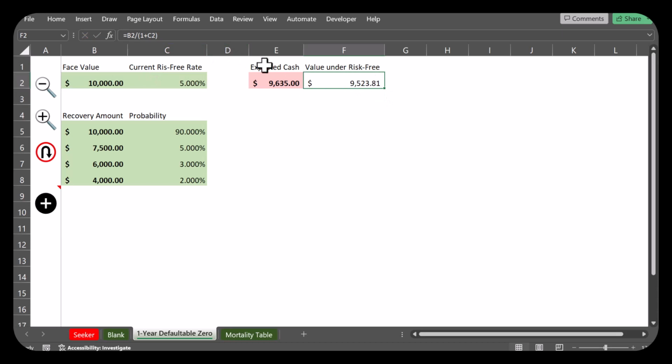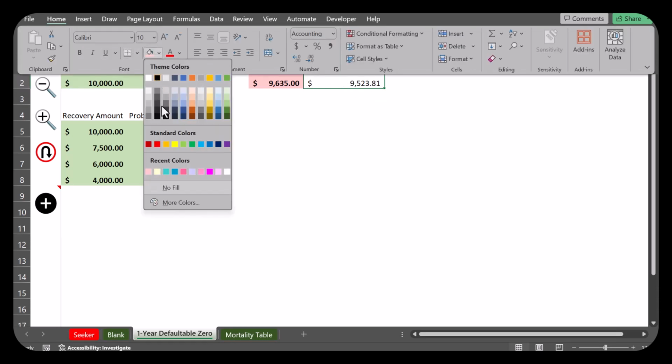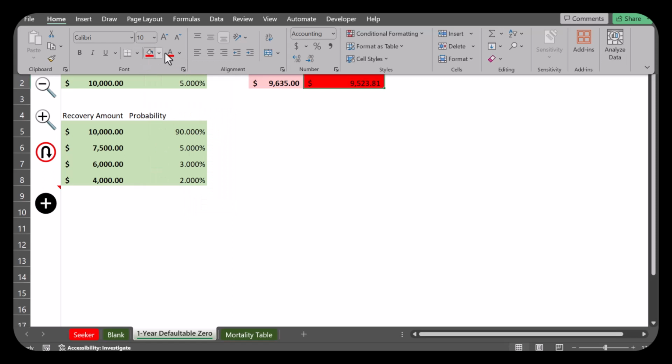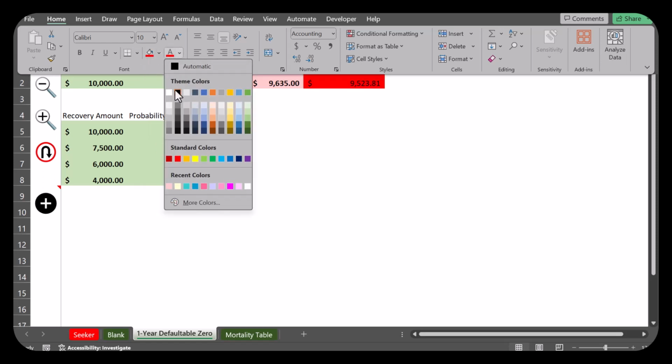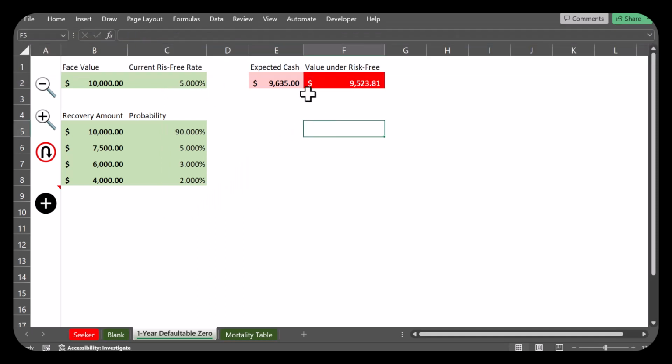Remember, I'm doing this for 1 year only, just for illustrative points. So if that's my expected cash, what would be the value of this bond on the risk-free rate?